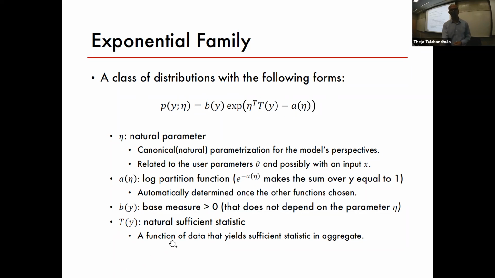It's a function of data that yields a sufficient statistic in aggregate. T of y is natural just because eta is a natural parameter. And there are two extra functions, A of eta and B of y, which are just there to ensure that this is actually a well-defined distribution.